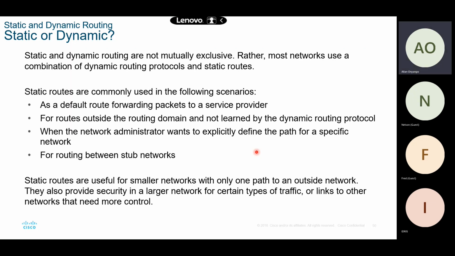If you have fewer routers, it's easier to go for static routes. But when you start having bigger and bigger networks, dynamic routes will always be the best. Static routes also provide some level of security because there is no exchange of messages among the routers; everything is done manually.